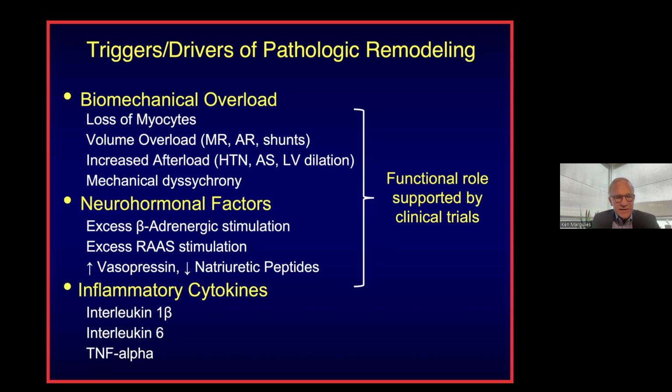None of these things are exhaustive. These are exemplars of the different types of overloads or neurohormonal factors or cytokines, but they're not exhaustive. I will mention that the stuff in the top two clusters, their functional significance isn't just supported by preclinical data, but of course by clinical trials, and we target these things all the time. And I won't go into the specifics of that for this lecture, but it's pretty obvious.